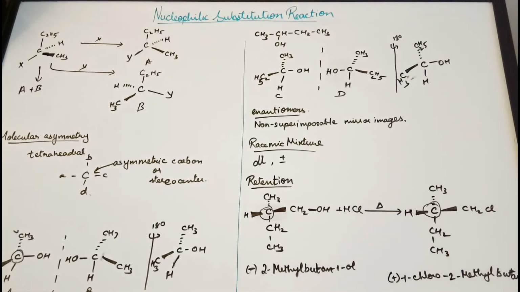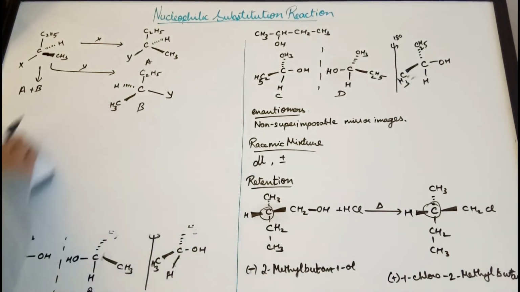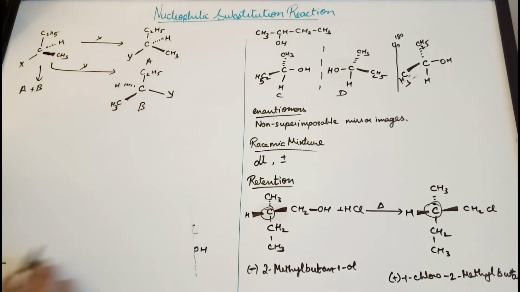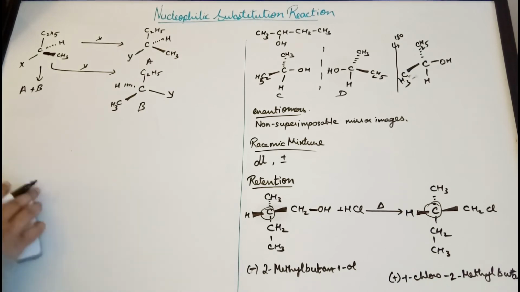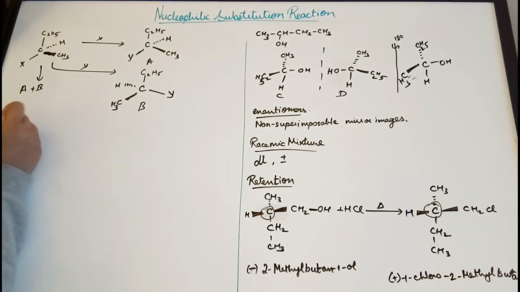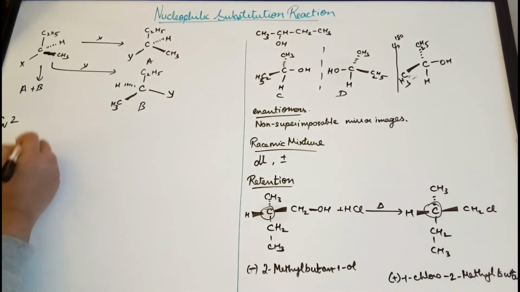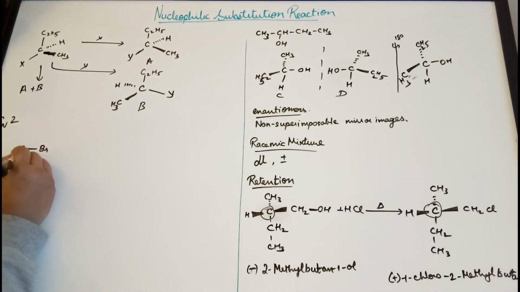So let's look back at the stereochemistry of the SN1 and SN2 mechanisms. Let's begin with SN2. It's a single step reaction, as we know. Let's take the compound CBr, and at the bottom you have C6H13.